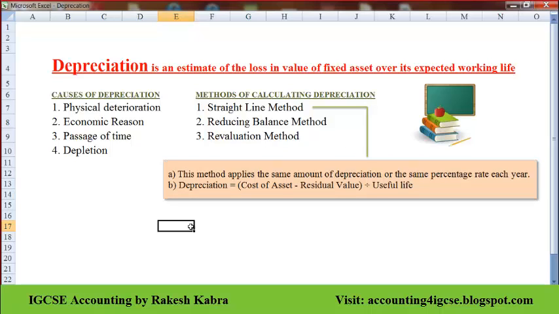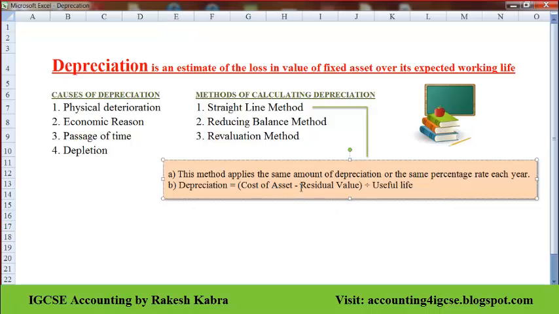The second point is the formula, how to compute the depreciation. First we take the cost of asset, and from that we subtract the residual value. Residual value, as I explained, is the resale price after expiry of the useful life of the asset.